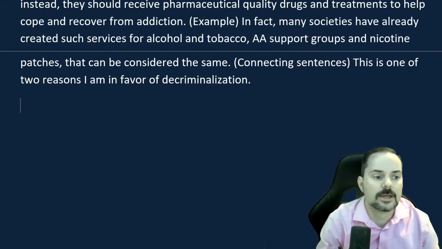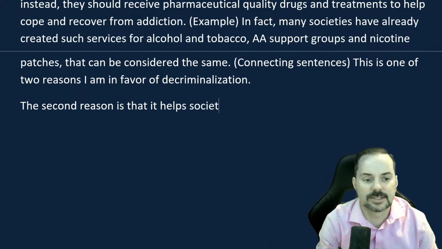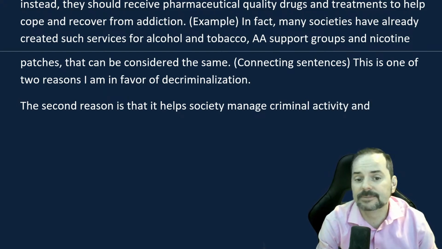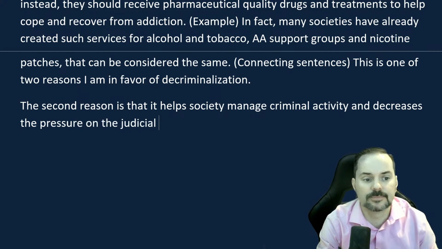Okay? The second reason is that it helps society manage criminal activity and decreases the pressure on the judicial system.